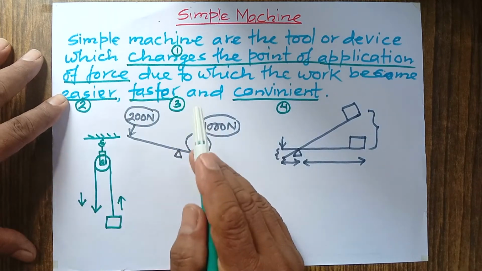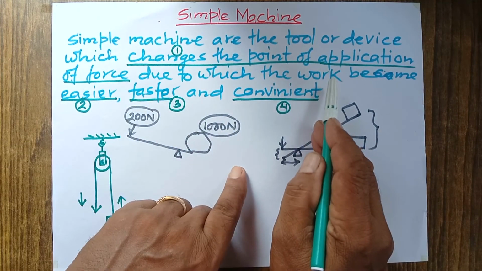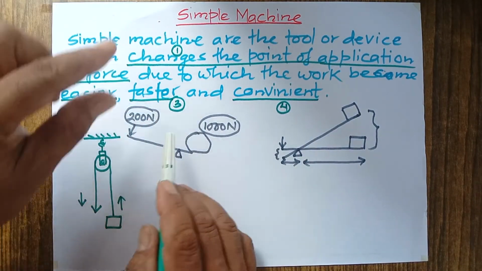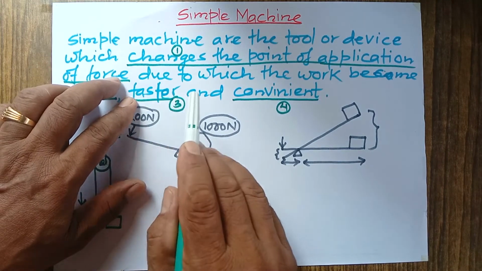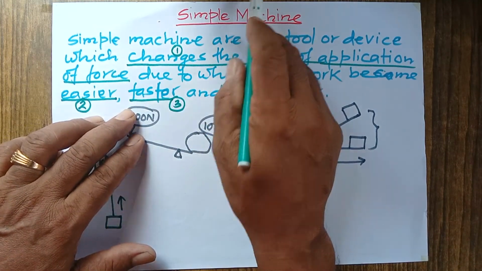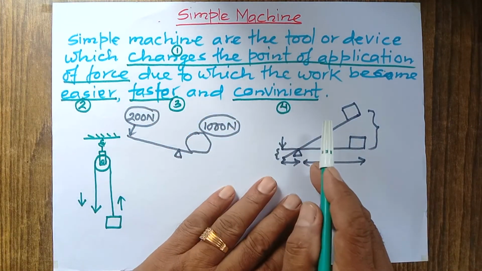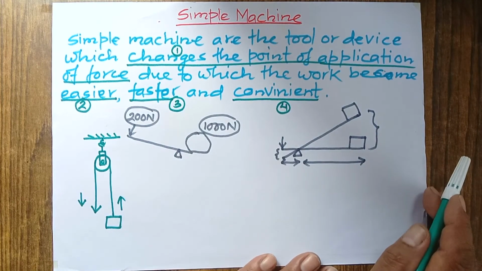Less effort will be able to raise heavy load, and it makes our work faster. It means when we apply force for less distance, the same force which is applied to less distance will be able to raise a load to long distance. Work becomes faster, and it makes our work convenient also, changing the direction of force in the convenient direction.